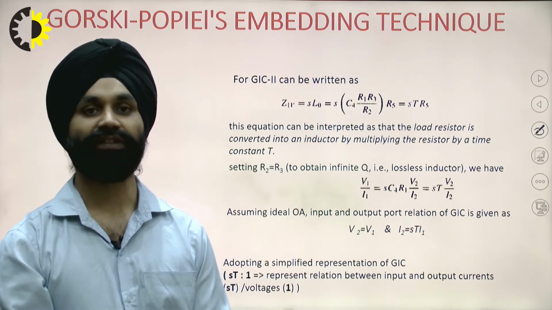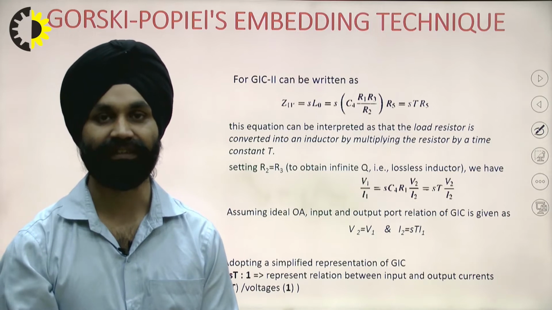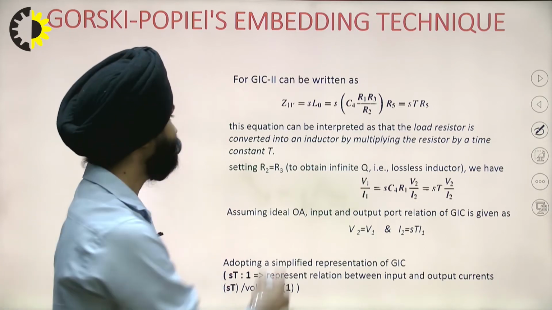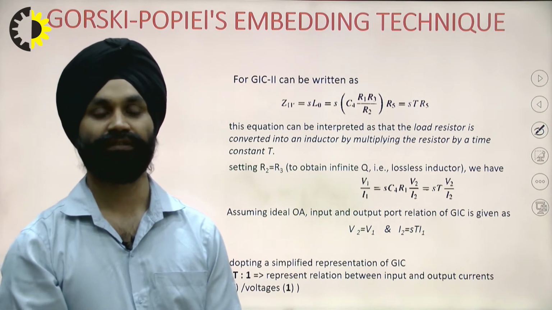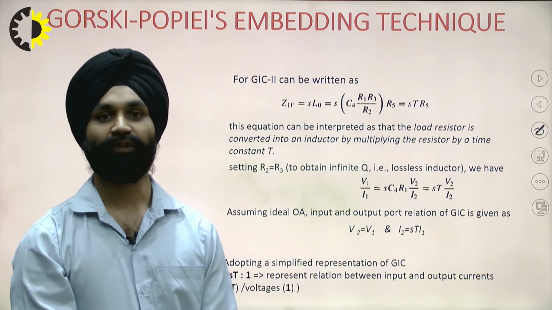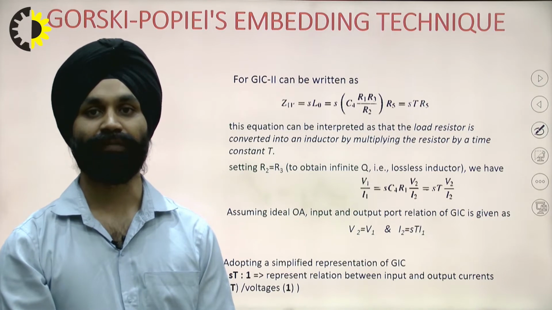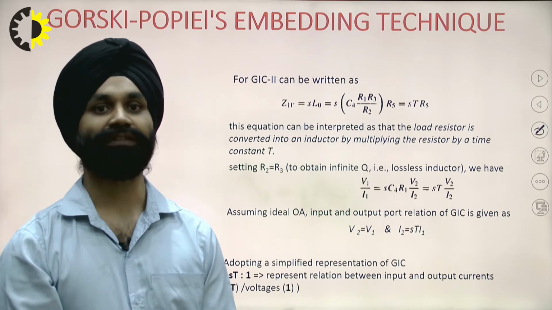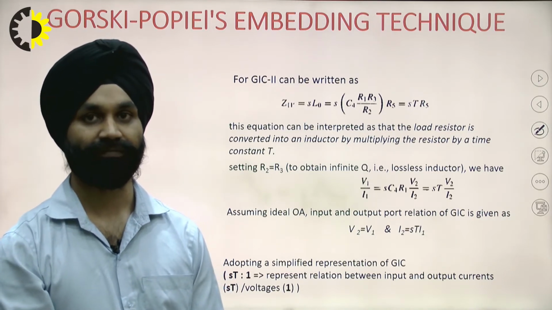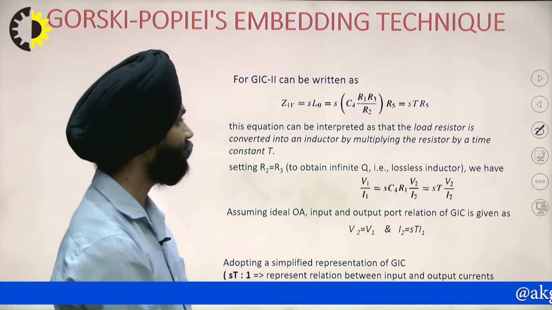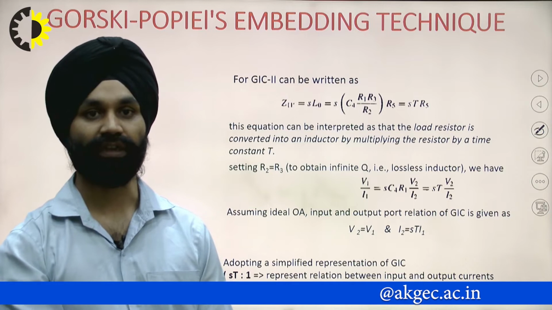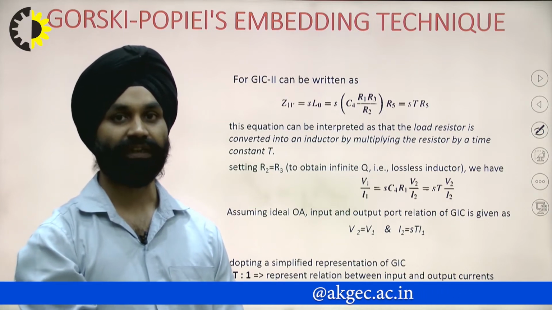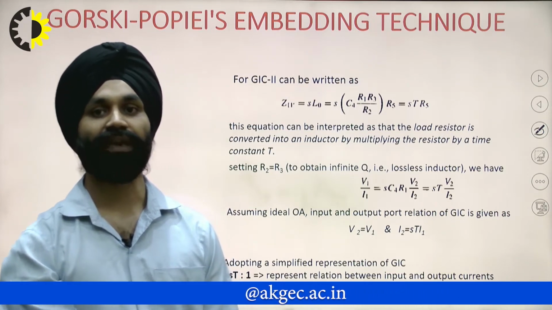Here the input impedance Z11 is given by the equation in which the load resistance is converted into an inductor by multiplying the resistor by the time constant T. R5 is the fifth resistance of the GIC circuit, and T is the time constant given by RC.